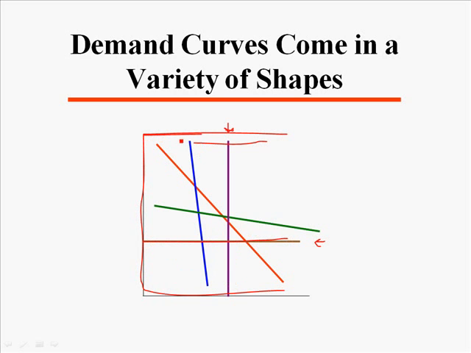This blue one is more inelastic. It's more vertical than it is horizontal. And this green one is more elastic, so it's more horizontal than it is vertical. Again, if you draw lines at the top, it'll help you figure out if it's an I or an E, and that'll let you know elastic, inelastic.